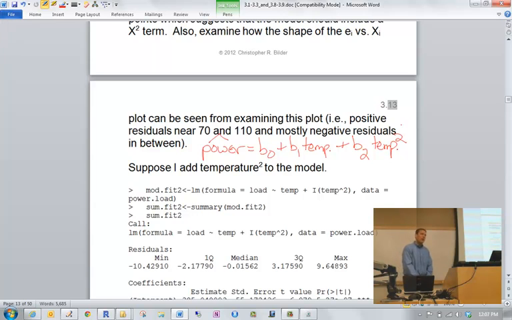Now you might be wondering, why didn't I just put a square term right here and not have that at all? Well, the reason is that it causes odd shapes in the actual curve that you're fitting. Similar to what we were talking about before, if you exclude B0 from the model, that will cause some unintended consequences for how the line fits through the points.